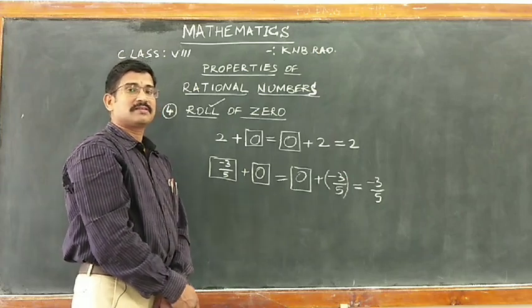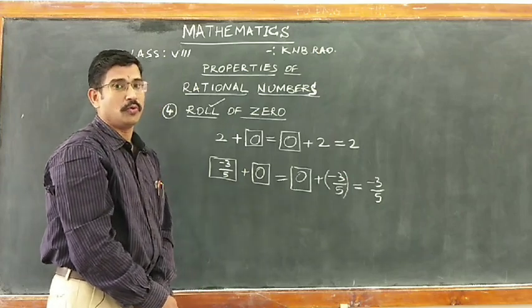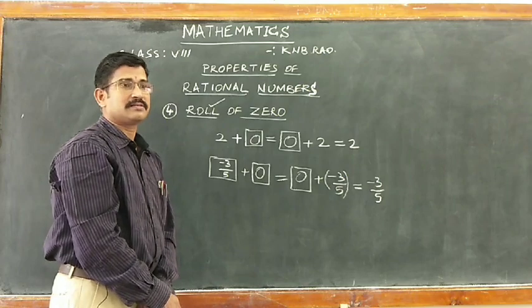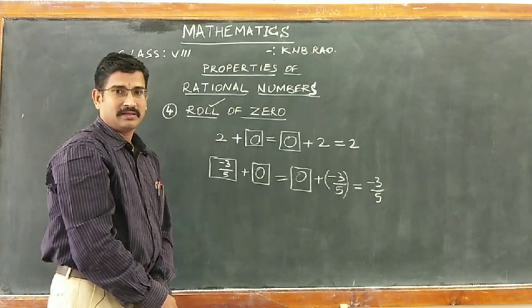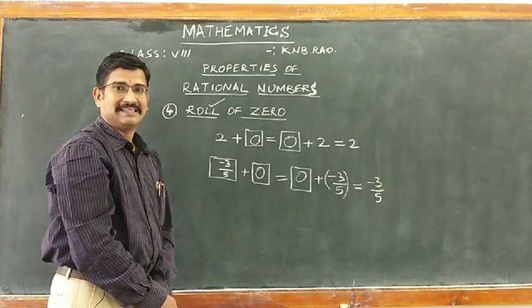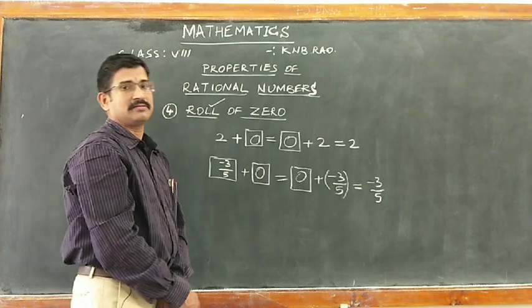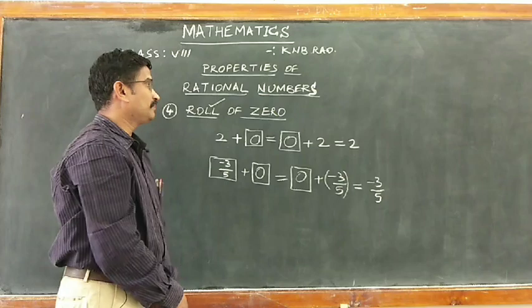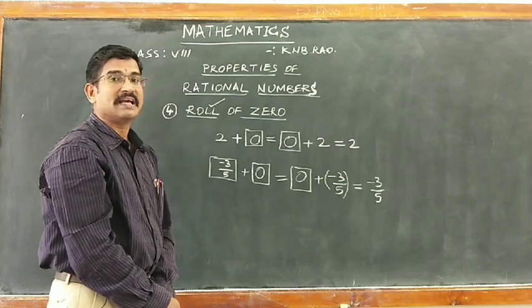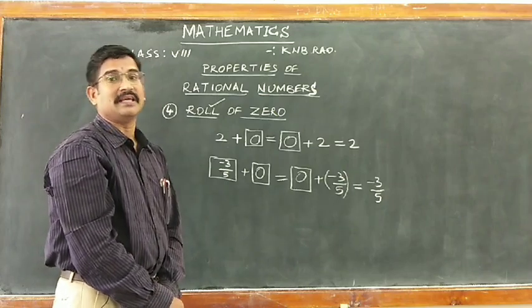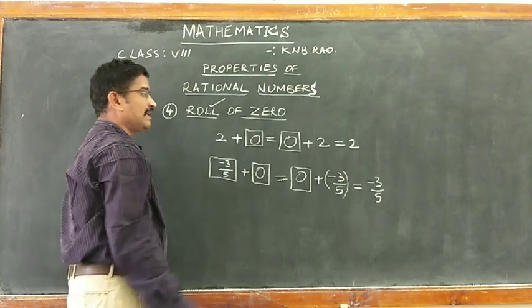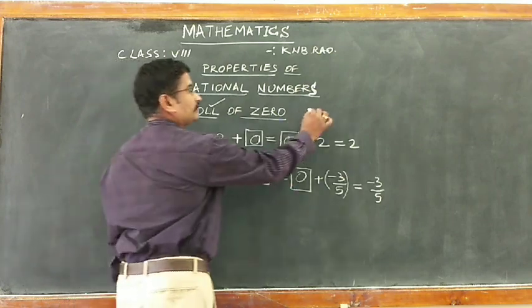We need to know, is this property called by any special name? Yes, there is a special name, children. We call this property identity.